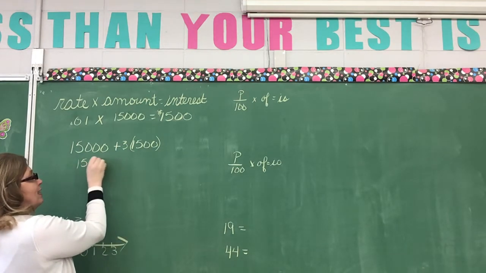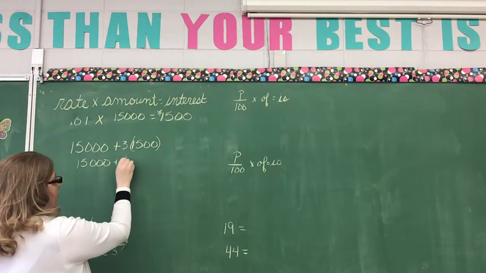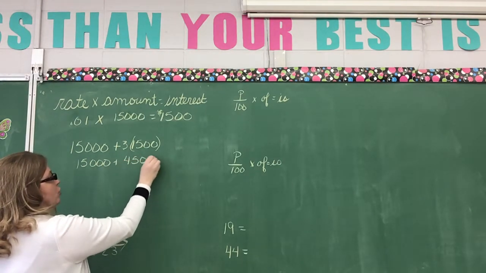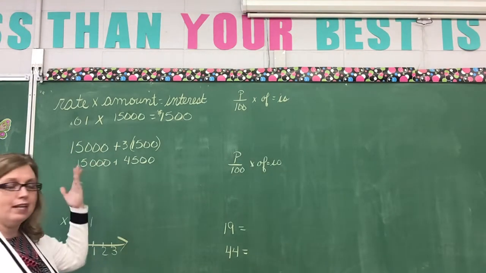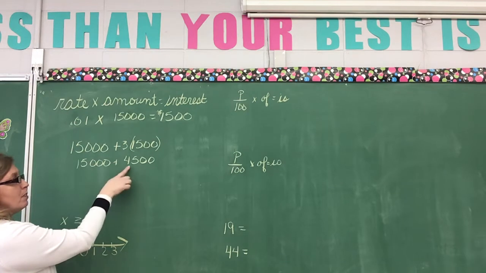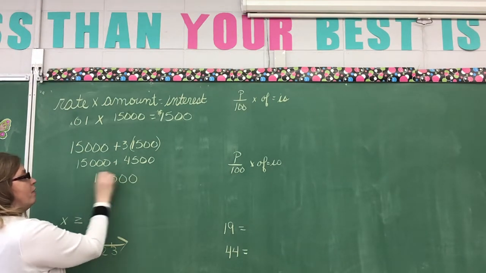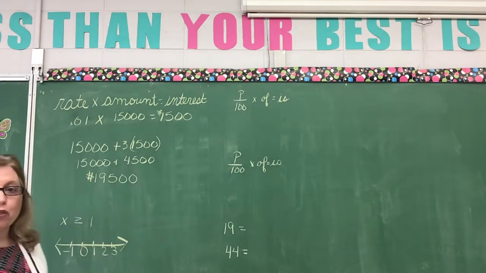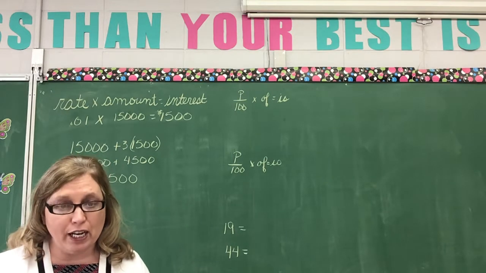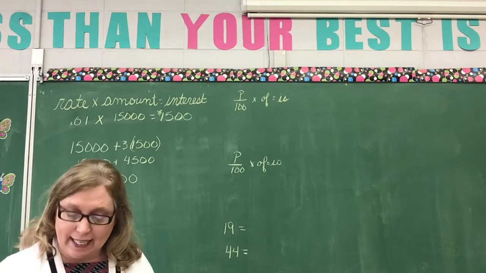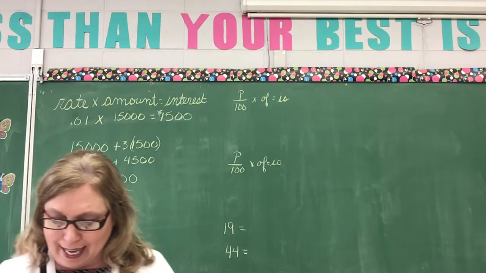So we have 15,000, and we know that 3 times 1,500 is $4,500. Now, all I need to do is add them together. 15,000 plus 4,500 is $19,500. After 3 years, the $15,000 he put in there, he now has $19,500.